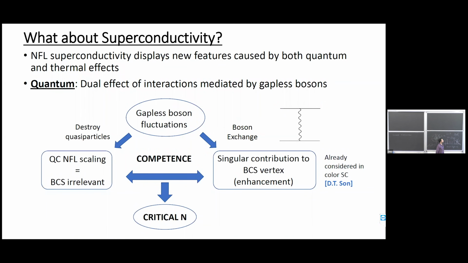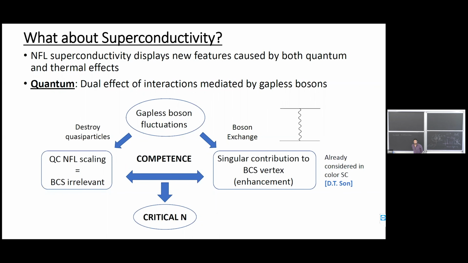Something that one can check is that the new scaling behavior of the fermion actually renders the BCS coupling irrelevant. Or, in a more physical language, in order to form a pair, you need to have two well-defined particles. And if you destroy the quasi-particles, the tendency to form Cooper pairs will be suppressed. So the first effect of these gapless boson fluctuations is that they usually tend to suppress superconductivity.